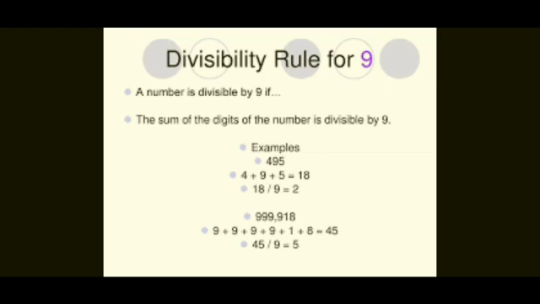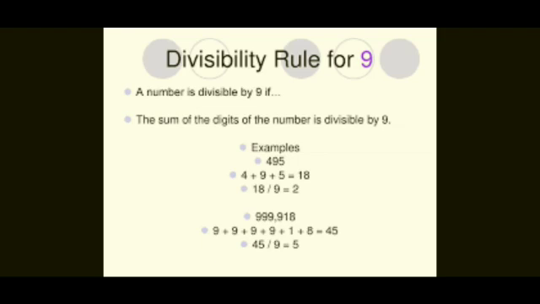Next number you see, 9,99,918. So 9 plus 9 plus 9 plus 9 plus 1 plus 8, 45. 45 is the multiple of 9. Divisible, you can check the multiple. Okay, 45 is divisible by 9, or 45 is the multiple of 9.